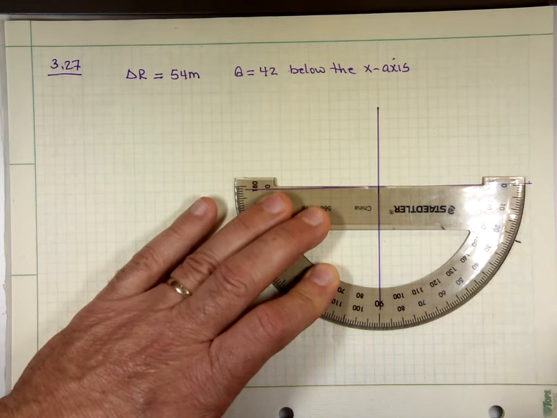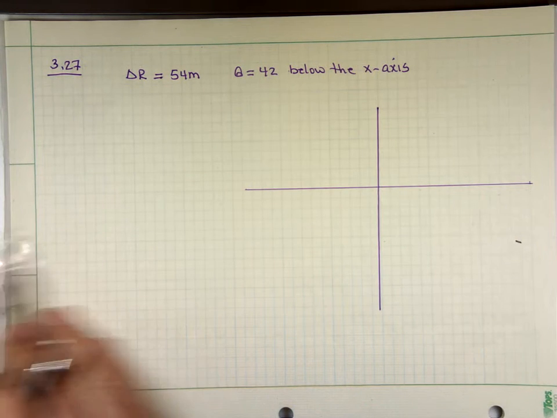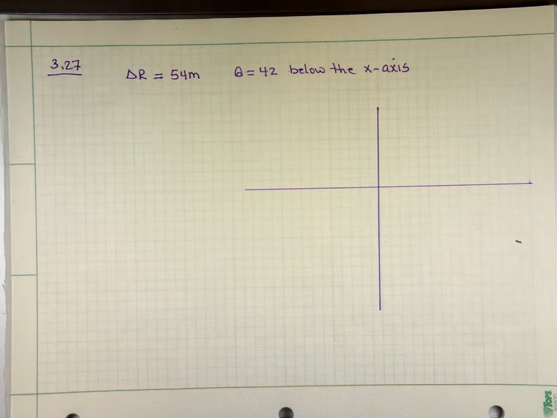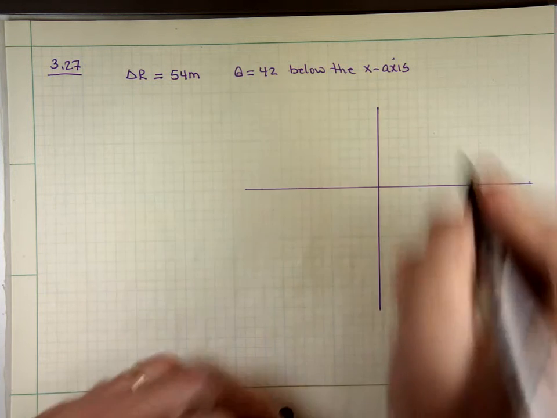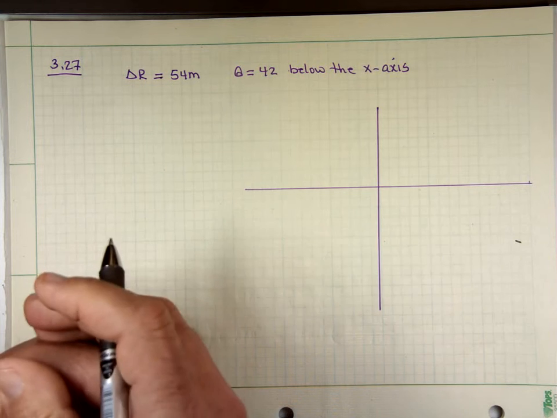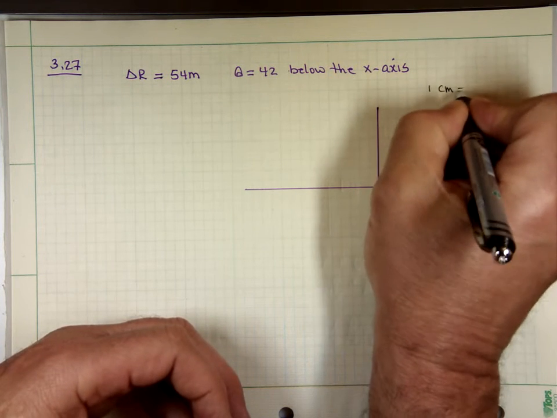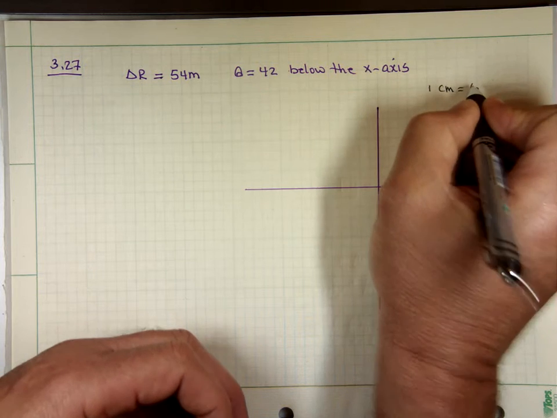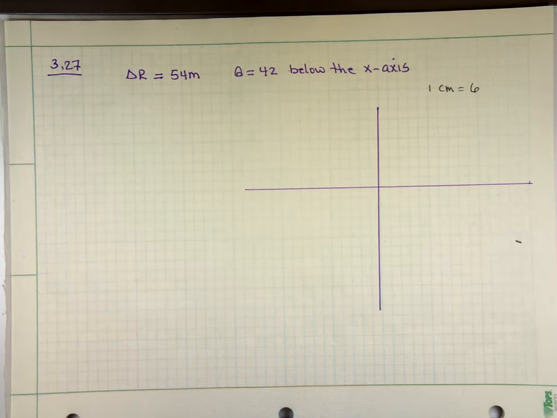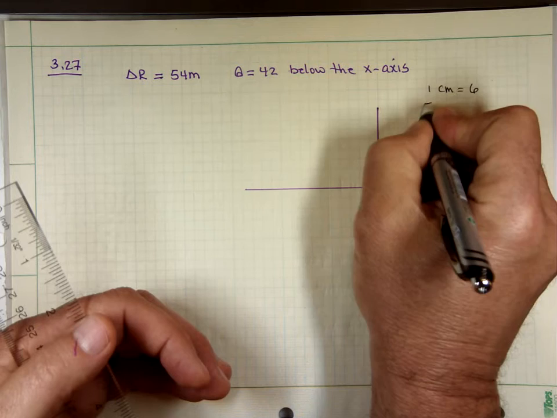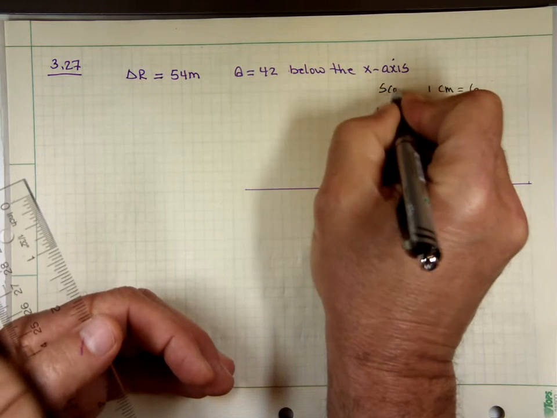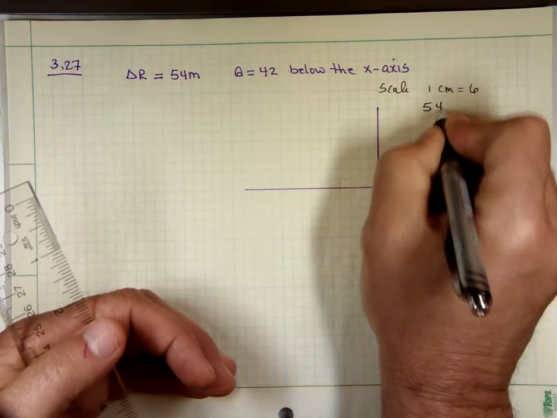And the length is 54. What scale should we use? 54 is divisible by 9 times 6, so maybe I use 1 centimeter equals 6. So the 54 now will be how many centimeters? 54 divided by 6, that would be 9 centimeters long.